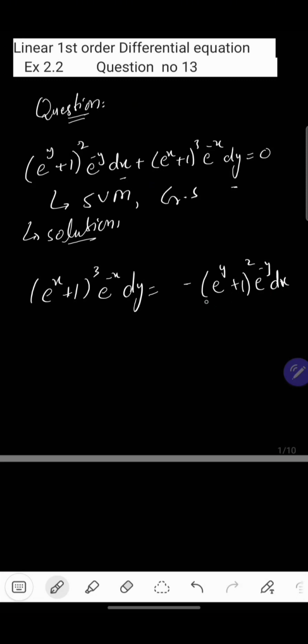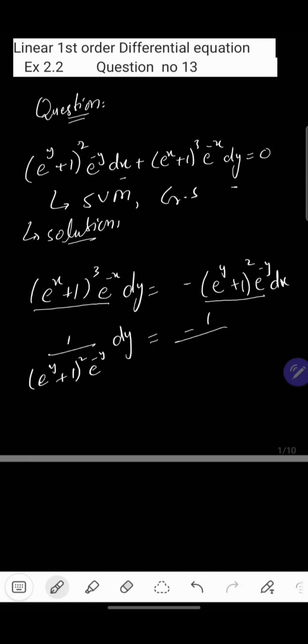Now we shift the terms so that we get 1 divided by (e^y + 1)^2 e^(-y) dy, and on the right side minus 1 divided by (e^x + 1)^3 e^(-x) dx.